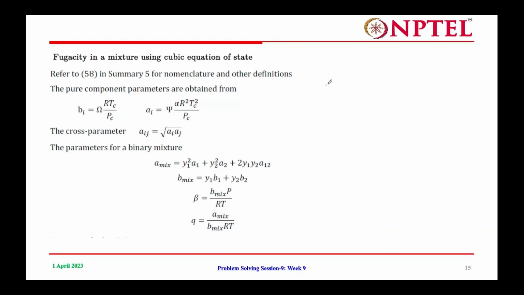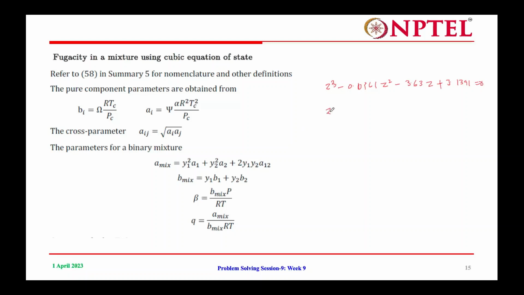You'll get the equation Z cube minus 0.0161 Z square minus 3.63 Z plus 3.1391 equal to 0.